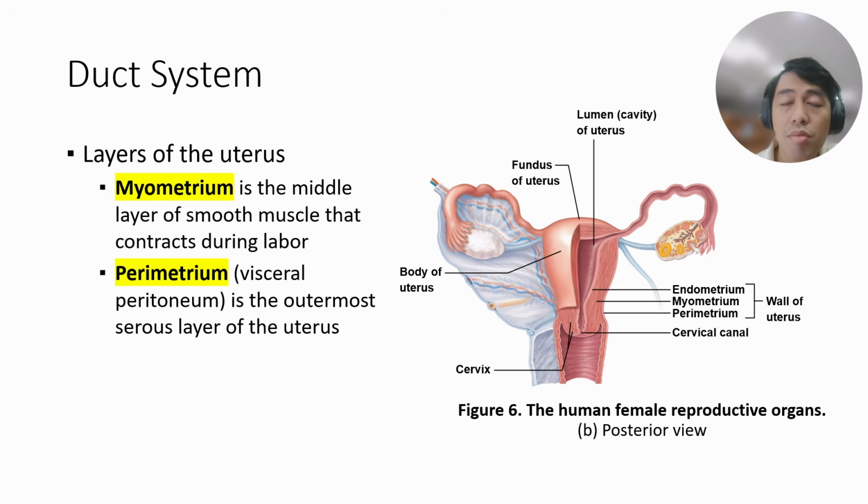This myometrium is the structure involved in dysmenorrhea because the contraction of this muscle produces pain. Also, the myometrium contracts during labor in order to expel the fetus out of the uterus. The perimetrium is the outermost layer of the uterus.